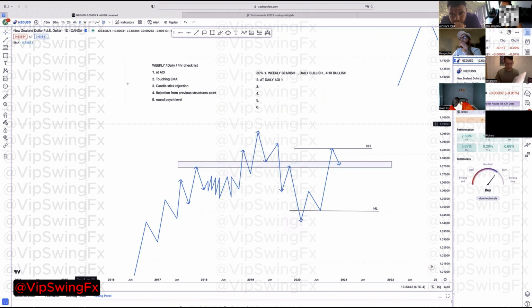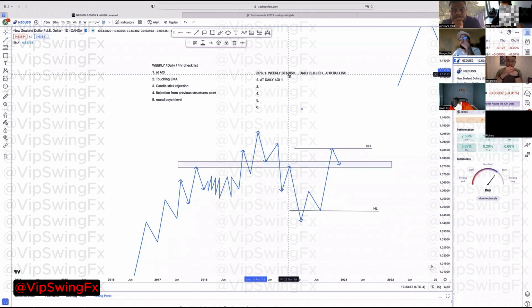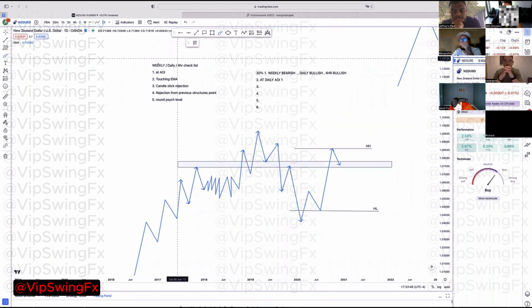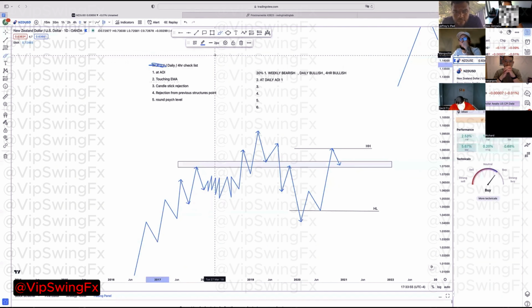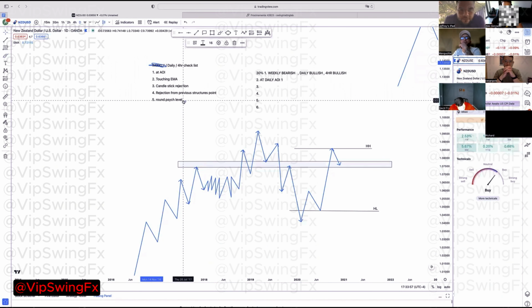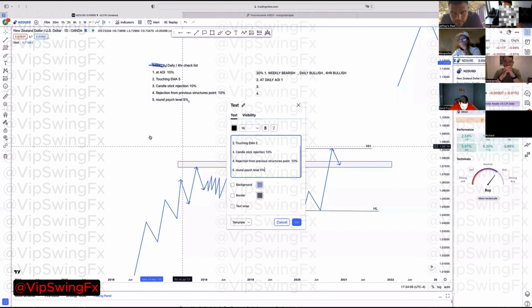So I'm doing it from the higher down. If we have the weekly bearish, we're obviously already removing that out of the equation. It's pretty simple, there's no explanation needed there. So all of these confluences have a percentage towards your grade. Touching EMA is 5, candlestick rejection is 10, structure point is 10%, and then round psychological is 5%.